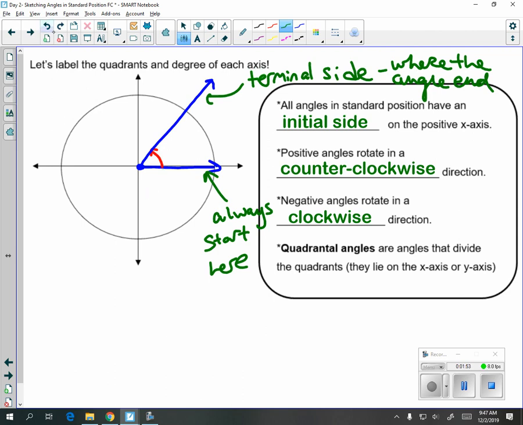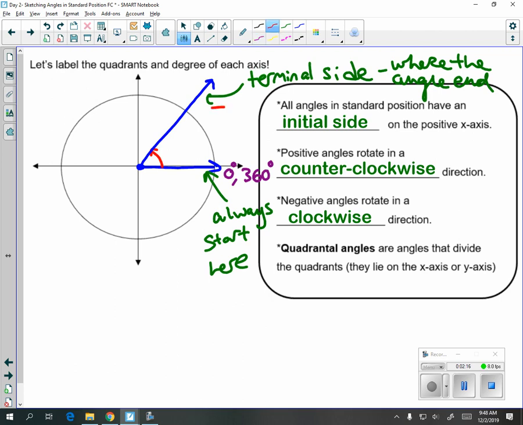Now let's actually talk about how far we're going to open these angles. So we always start at 0 degrees, right? That's our starting point. And we know that a full circle is 360 degrees. What we're going to do is break this up into 4 pieces, right? Your 4 quadrants of the circle.